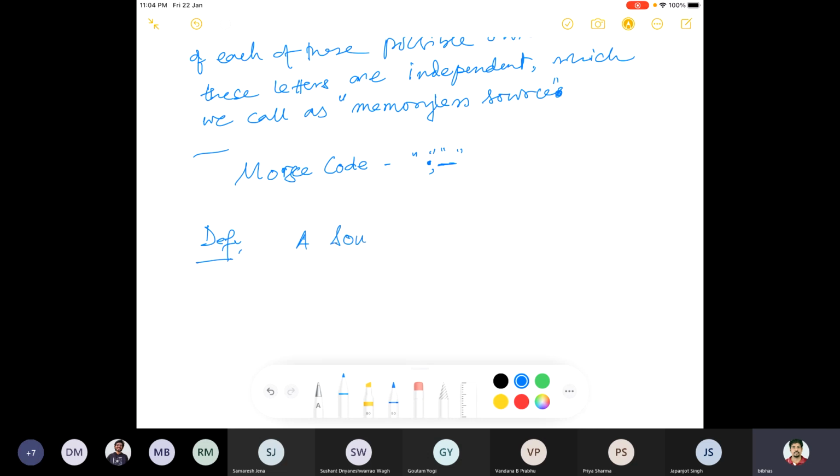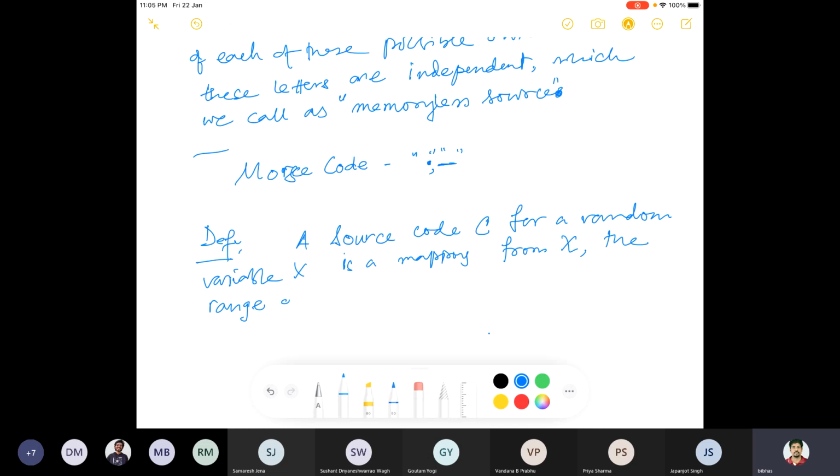Most of the cases we will write it using the capital letter C. A source code for a random variable X is a mapping from the corresponding alphabet, or you can say sample points, precisely the range of X, to D star.